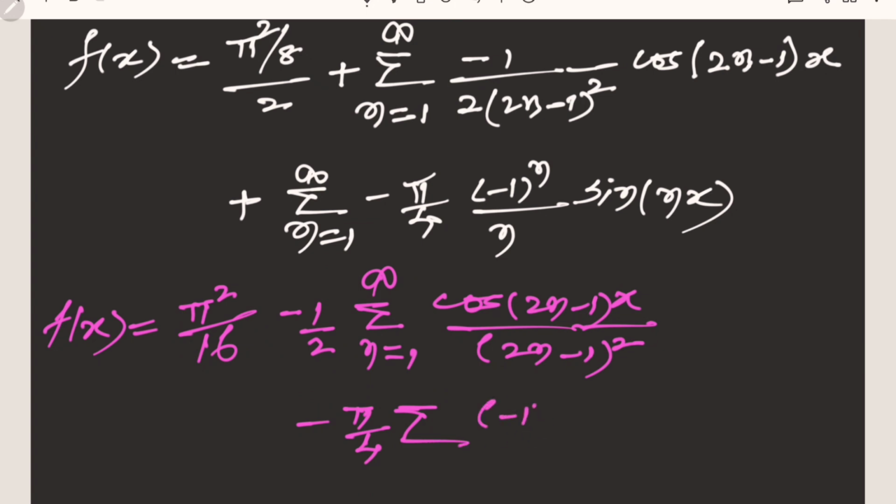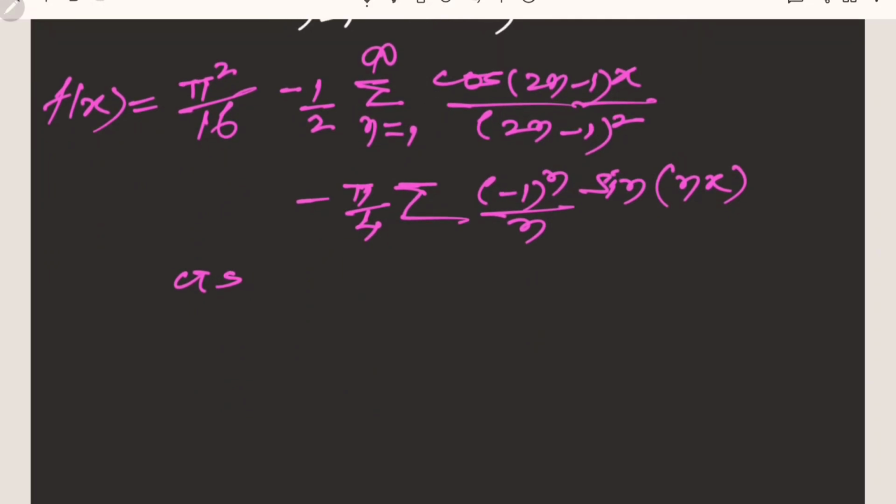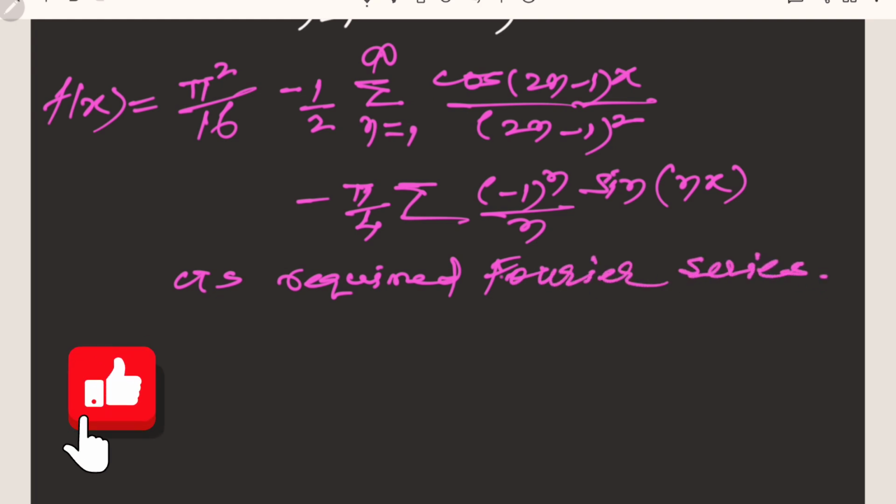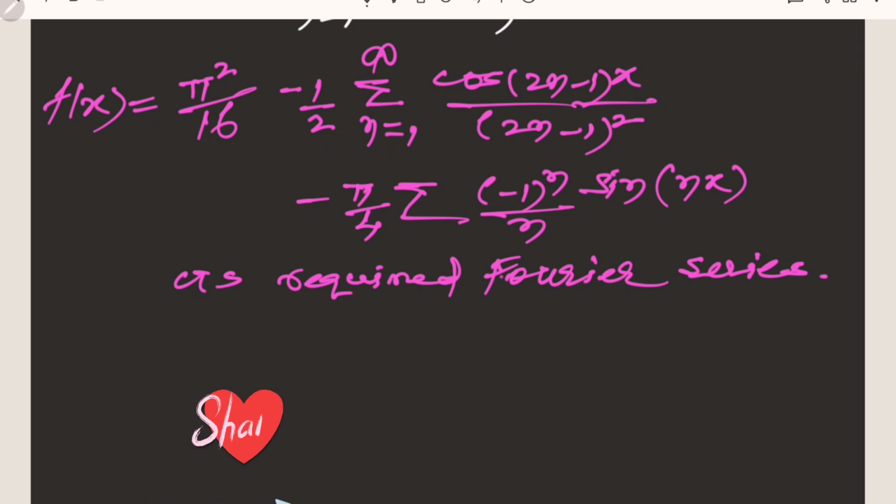Summation of (-1)^n sin(nx)/n, the required Fourier series of that given function. And this is a full range Fourier series. Therefore, I have explained every step.